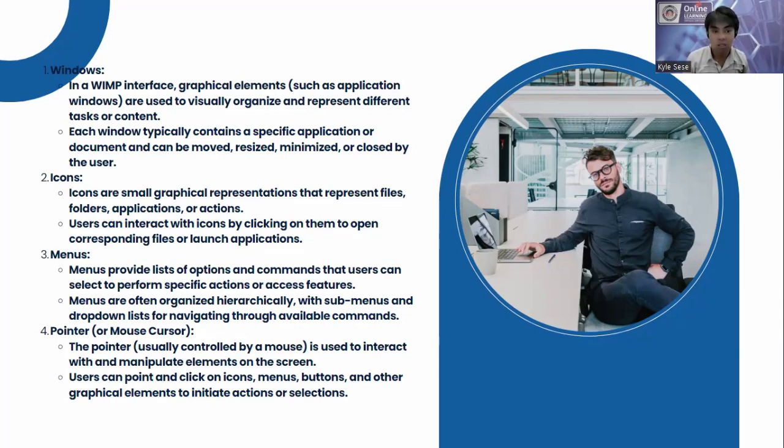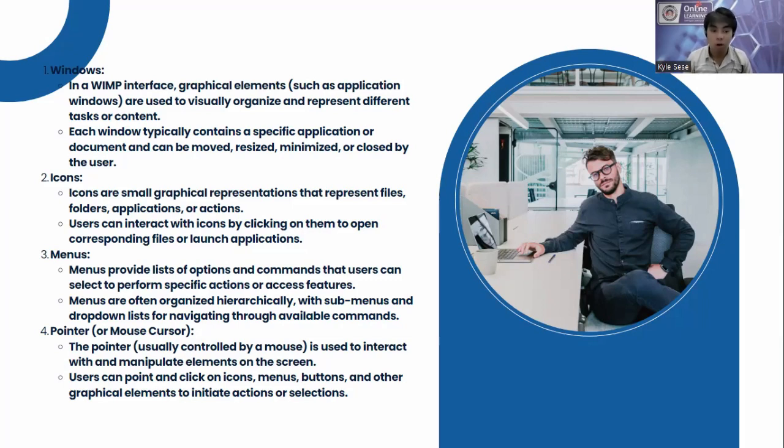Next is the icons. The icons are small graphical representations that represent files, folders, applications, or actions. Third is the menu. Menus provide lists of options and commands that users can select to perform specific actions or access features. Menus are often organized hierarchically with submenus and drop-down lists for navigating through available commands.